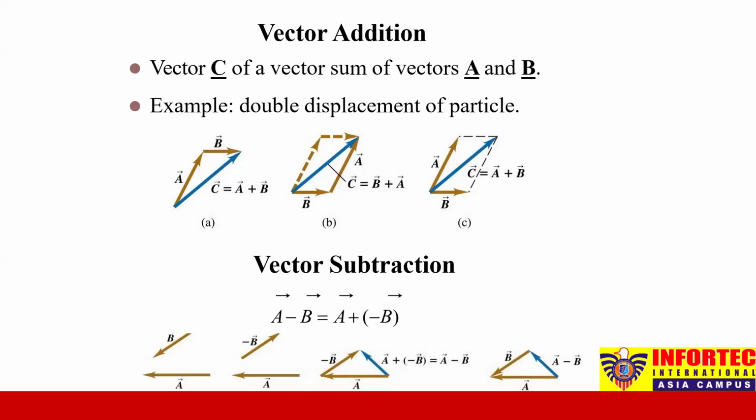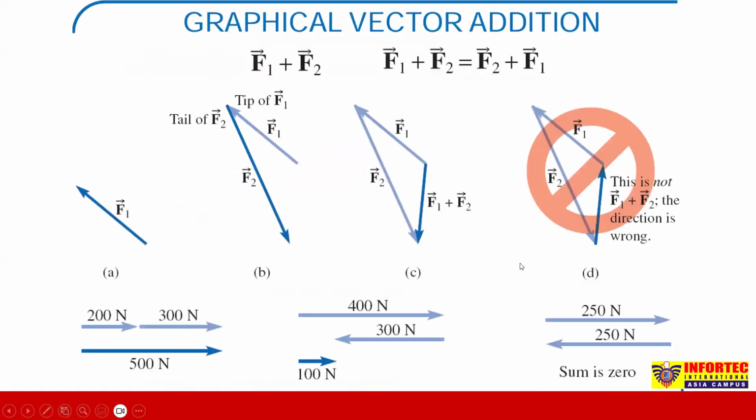Then again A minus B is represented by vector C. A minus B means we have to add the negative of B. The direction is opposite. In the figure you can see B in one direction and minus B is opposite to the B direction, right? Then we can take A plus minus B.